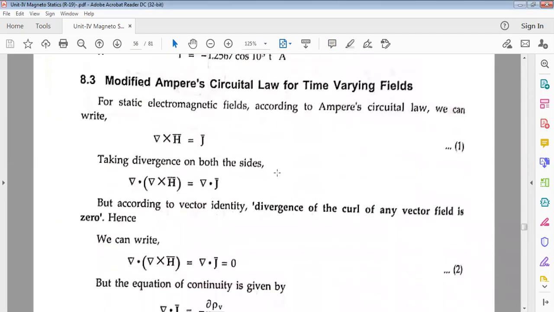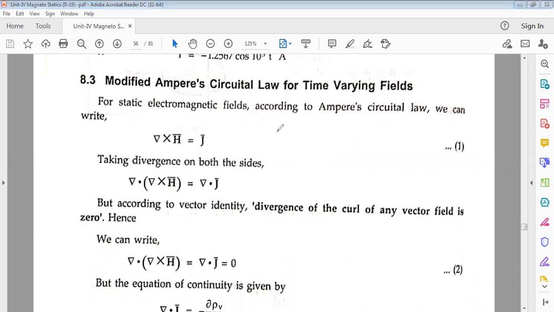See the modified Ampere's circuital law. We know already the Ampere's circuital law, del cross H bar is equal to J bar. For static electromagnetic fields, according to the Ampere's circuital law, we can write del cross H bar is equal to J bar.